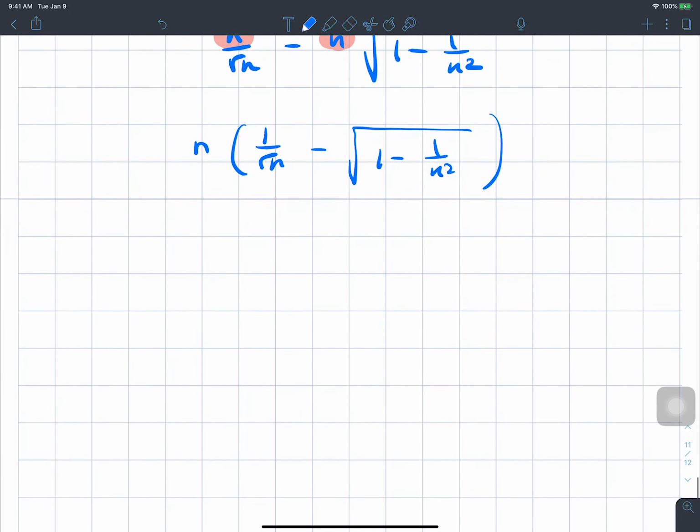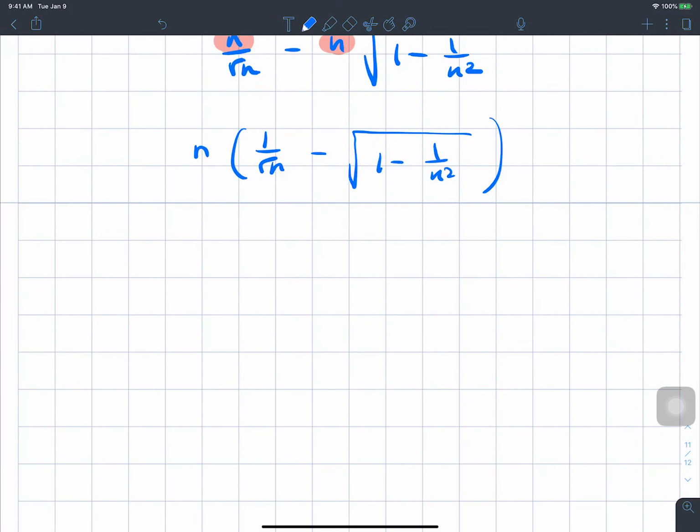Okay, let's see what happens here. Now, we want to take the limit, right? We're looking at as n gets big. So the limit as n gets big of n times 1 over the square root of n minus square root.